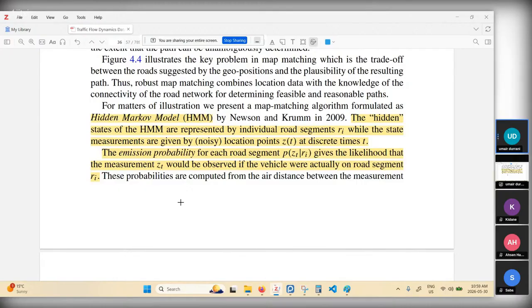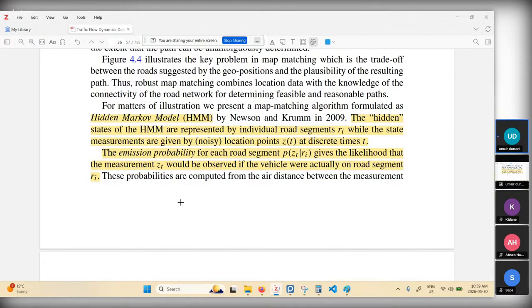The first probability mentioned here is the emission probability. The emission probability for each road segment, the probability of Z given Ri, gives the likelihood that the measurement Z of t would be observed if the vehicle were actually on road segment Ri. So Z of t is the location points, and Ri is the road segment.